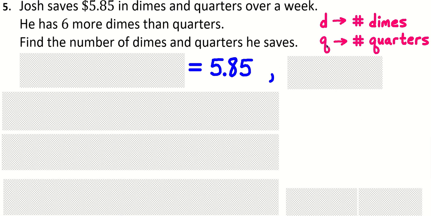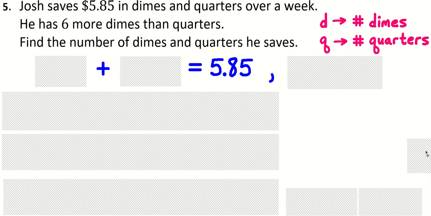So the way money works with dimes and quarters is this. To equal the $5.85, you're going to have to take the number of dimes, for right now it's just D, and multiply that number by 0.10, which is 10 cents.